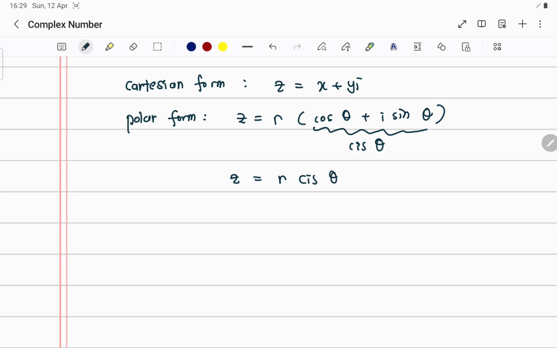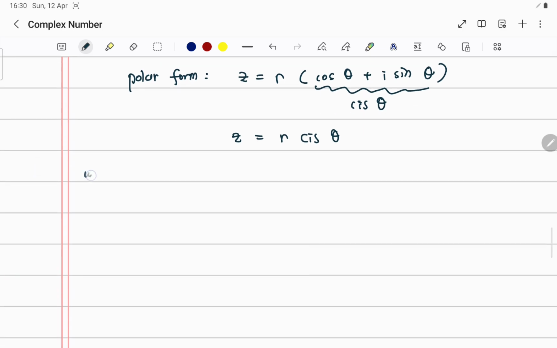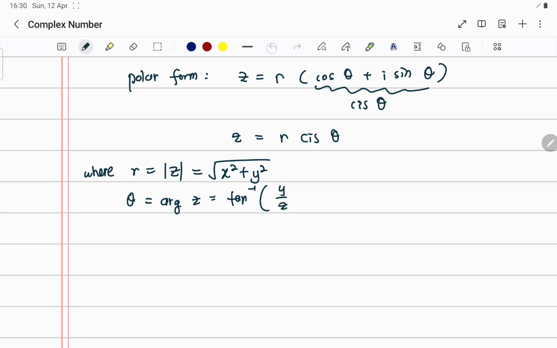Where when you see r and also theta here, you don't know what value you have to put, right? So by right, r is actually the modulus of z, which you can find by the square root of x squared plus y squared. And theta, which is our argument of z, is actually inverse tangent of y divided by x.